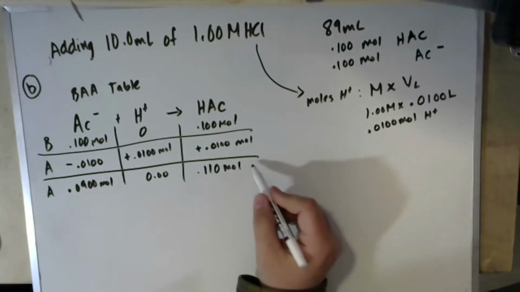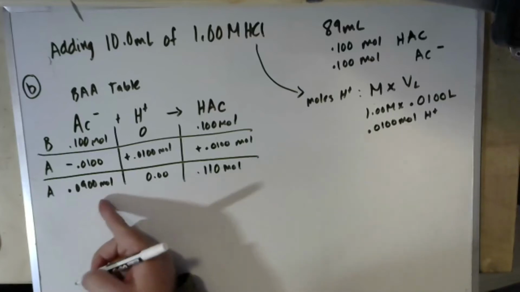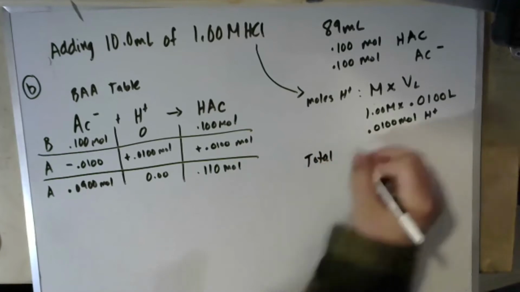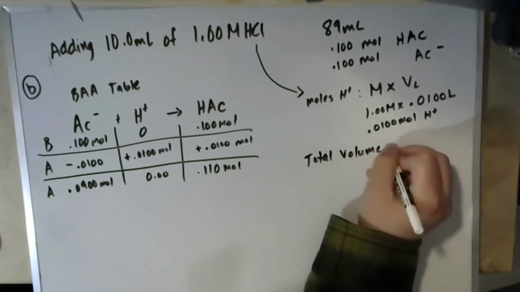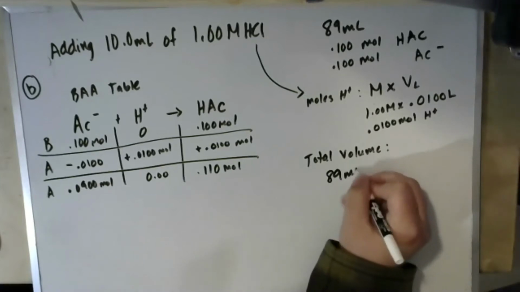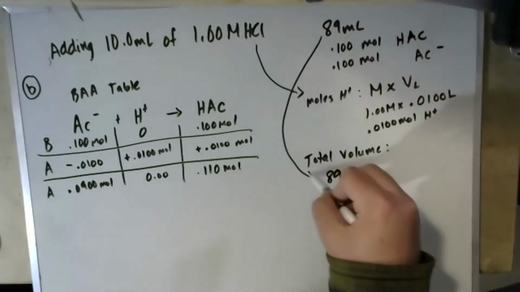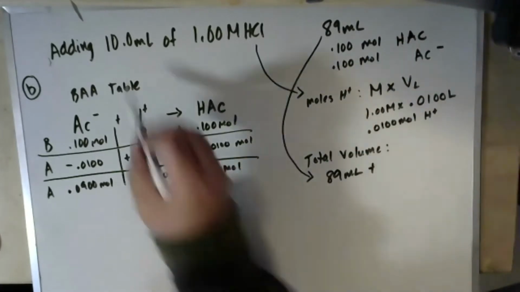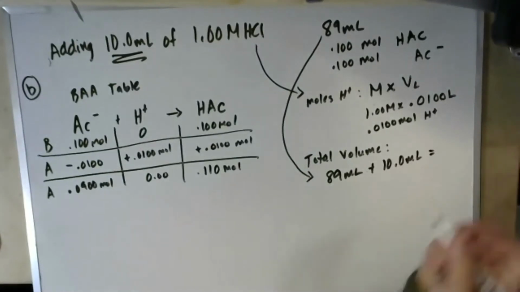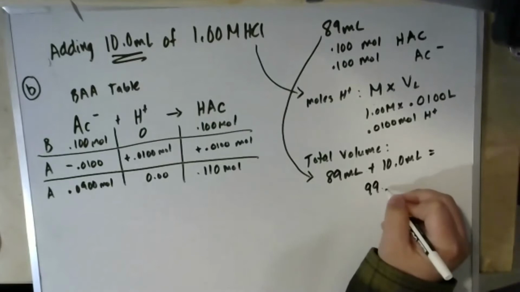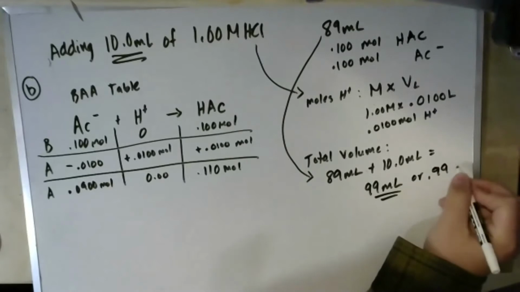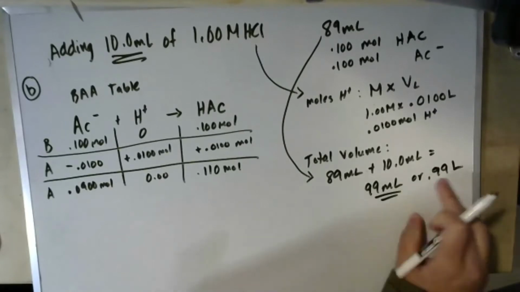Be careful when you're looking at the concentration values because it's going to be moles divided by the total volume. And our total volume here is changed, unlike in the last two examples. The total volume in this case is the 89 milliliters that we started with, plus the 10 milliliters that we added of the HCl. So we have 99 milliliters of solution now, or 0.099 liters.